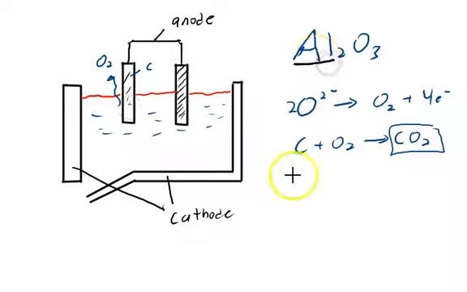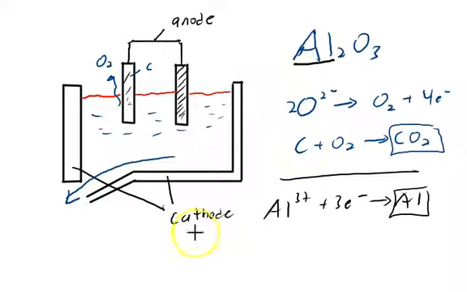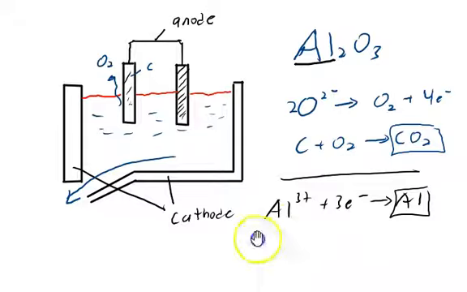The aluminium will be reacting at the cathode side, accepting electrons and forming aluminium metal. The aluminium metal is heavier, denser, and so it will move down. Okay, so this is the entire explanation for the extraction of aluminium oxide.